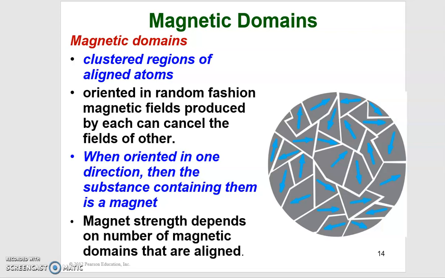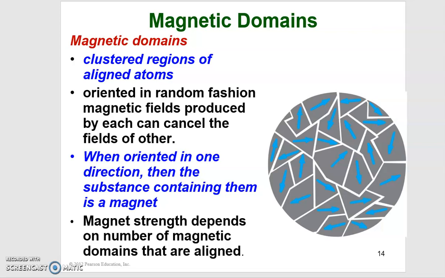First, we know that no matter what kind of material, they are made of different kinds of atoms. And I mentioned in the previous slides that electrons orbit around the nucleus of the atoms, and when the electron orbits around the nucleus, it produces a magnetic field.